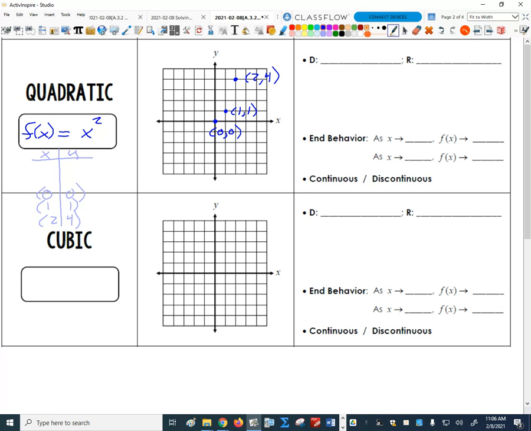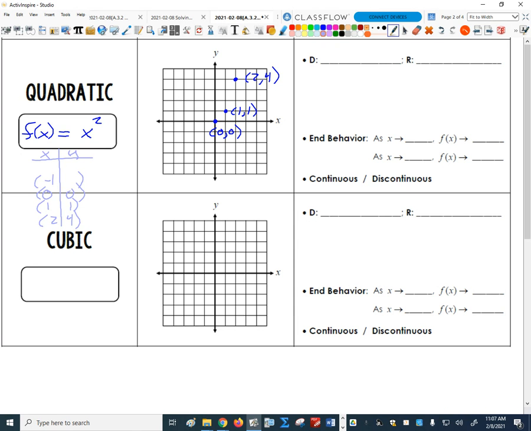Okay, negatives. If I input a negative 1, what's my output? What's negative 1 squared? Everybody type it in, please. Yeah, it's positive, isn't it? Right? And there's a rule for that. If I square a negative number, the output is always positive, isn't it?